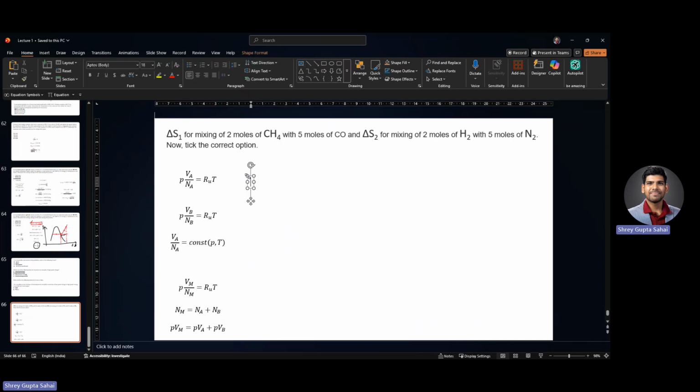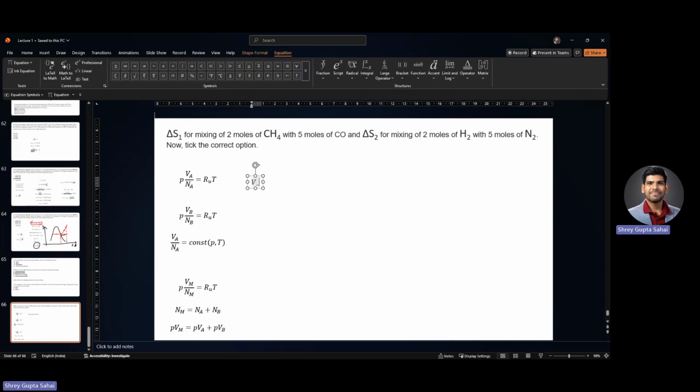We're essentially saying that when we mix, the two volumes will just simply add up.